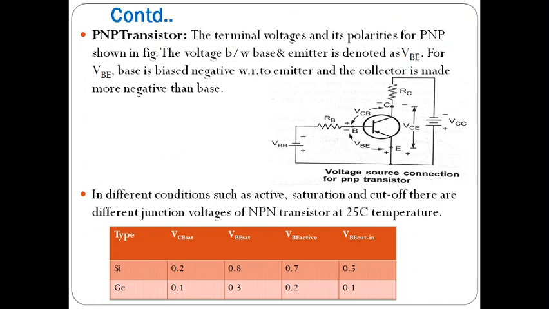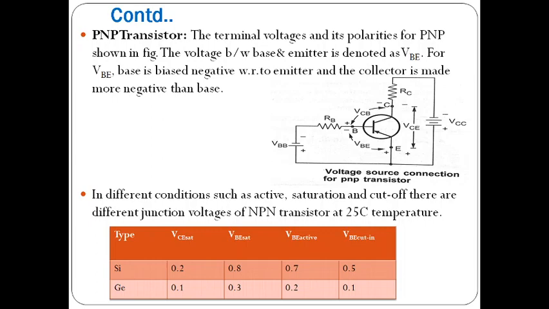You can observe the PNP transistors here. So here you can identify the emitter terminal arrow mark is inside, that means the current is entering into the transistor. Yes, so it represents the PNP transistor. So here the voltage between the base and emitter is written as VBE.